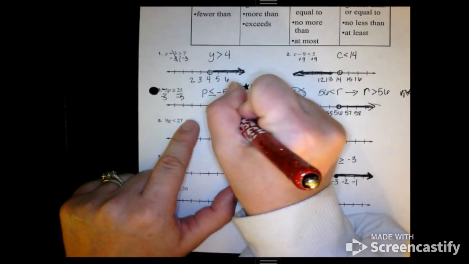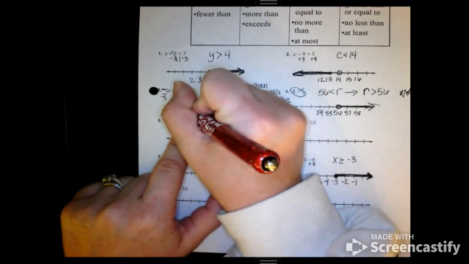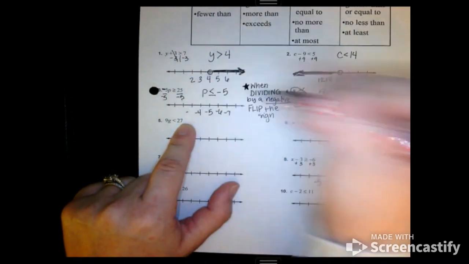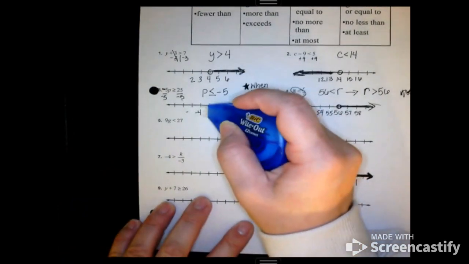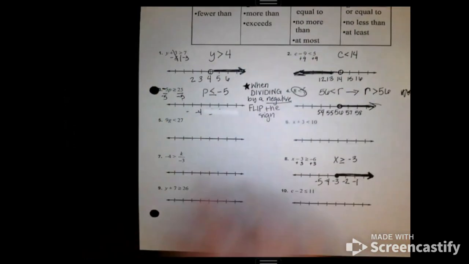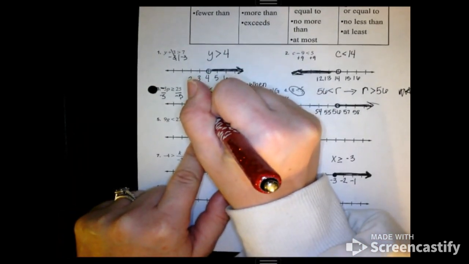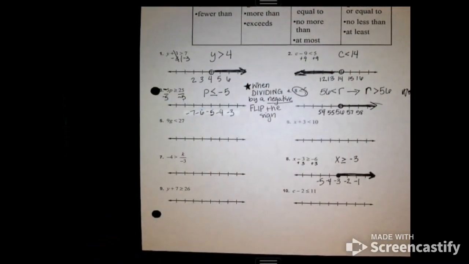I'll explain why. I hope it doesn't confuse you, but I'll explain why. Ooh, I numbered it wrong. See? Because it's negative. Goodness, that's real bad. All right, so -6, -7, -4, -3. Okay.